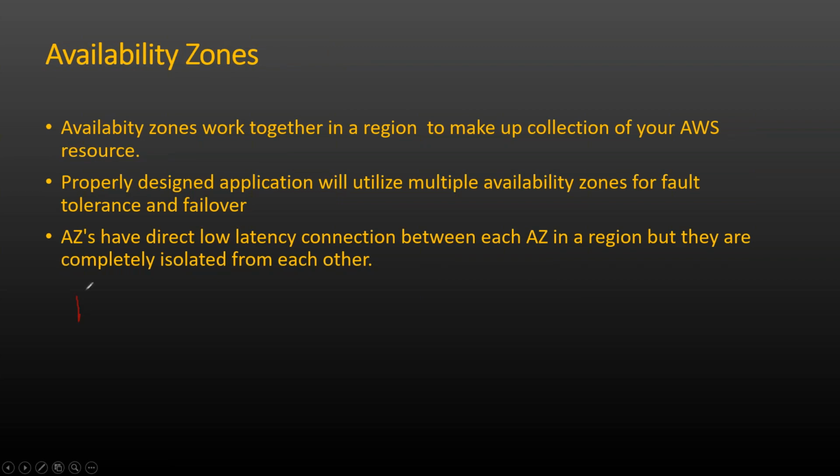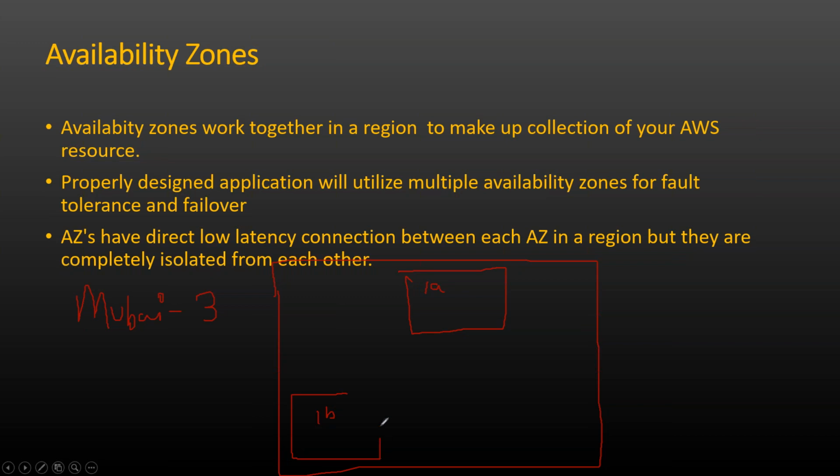As an example, Mumbai is one of the regions that we have. Within Mumbai, there are 3 availability zones. So this is how they look. If you take the outer box as a region, availability zone 1A, availability zone 1B, and 1C.